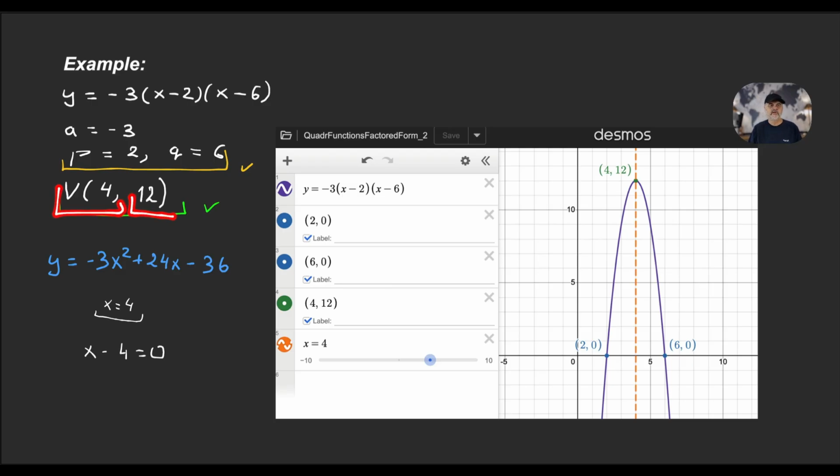How do you find 12? Again, you put 4 back in for x into the formula, do the calculations, and you get the location of that vertex. How do you find the y-intercept?